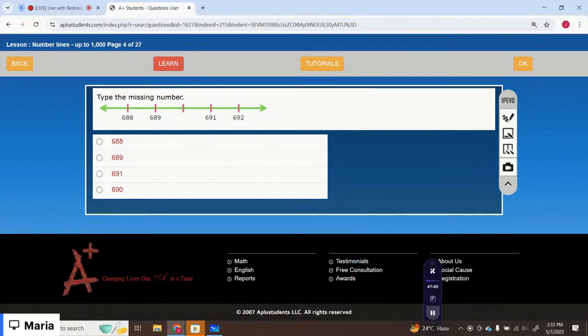Type the missing number. That is 690. The last option is the correct option.